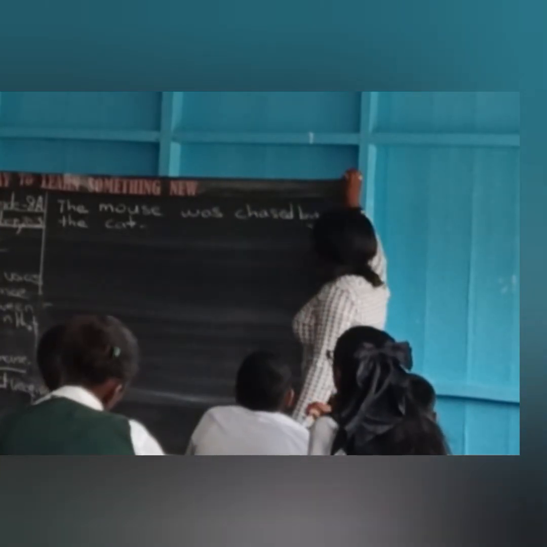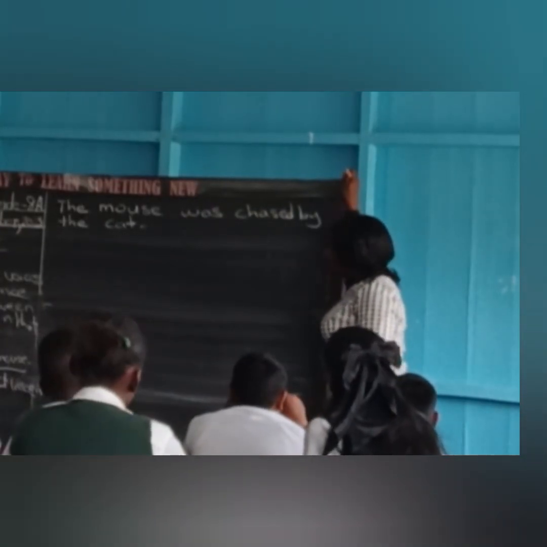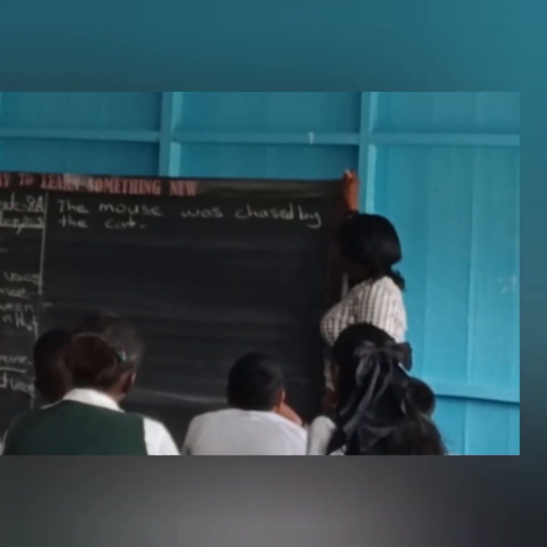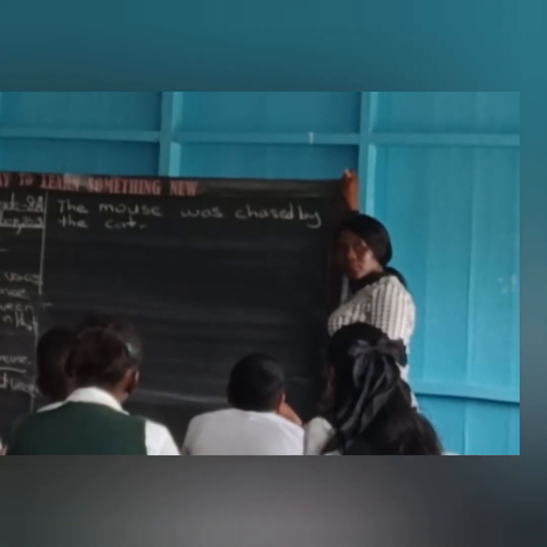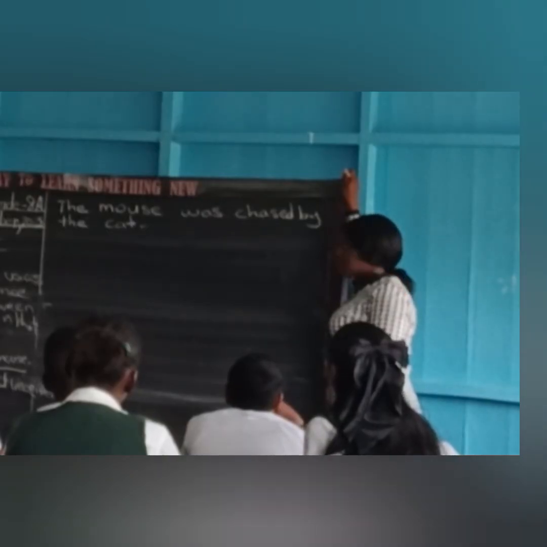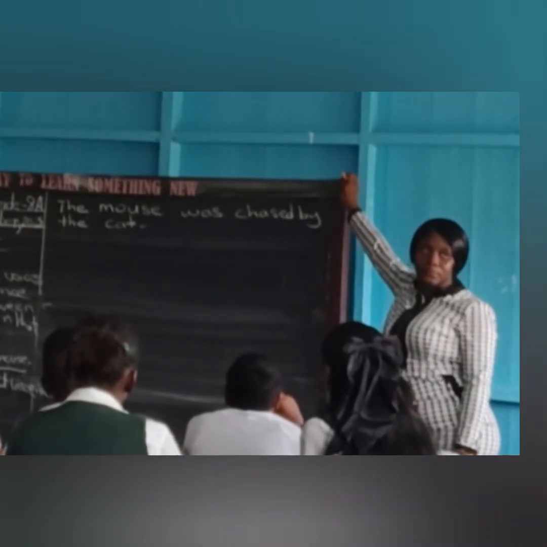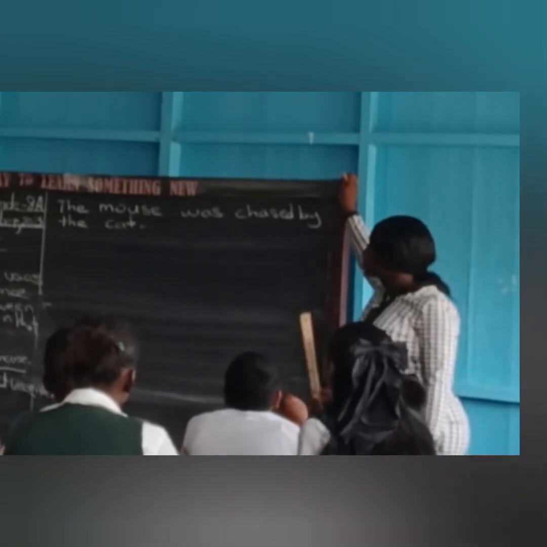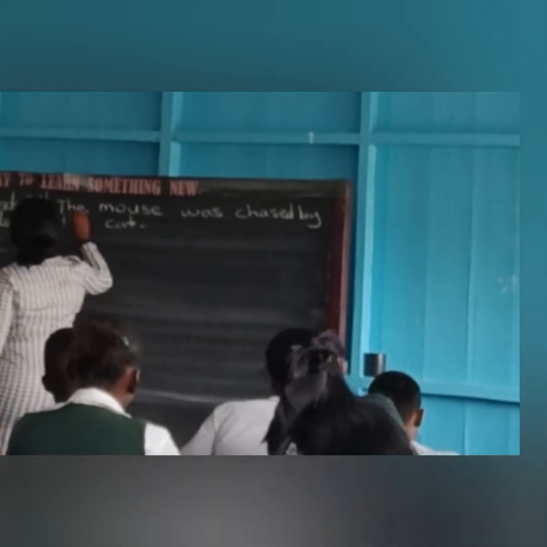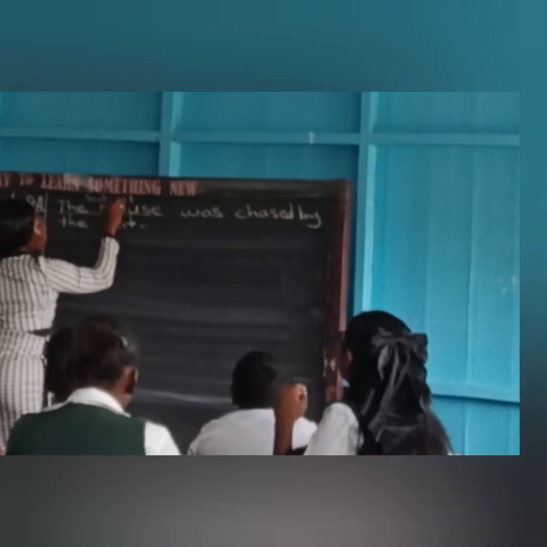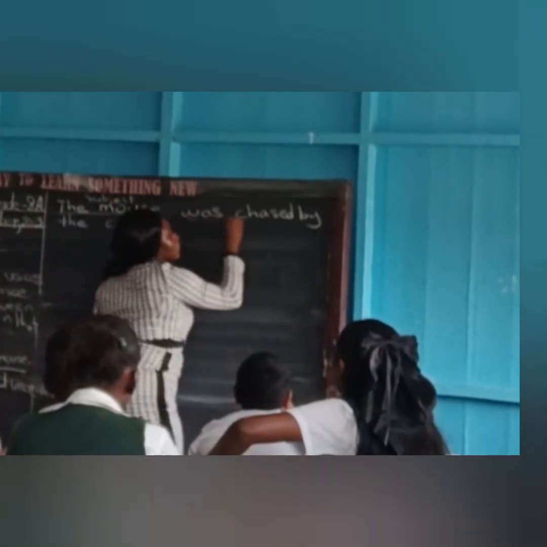The mouse is chased by the cat. I want you to identify subject, verb, object, and then tell me whether the subject is the doer or the receiver of the action. The mouse is the subject and it's the receiver.